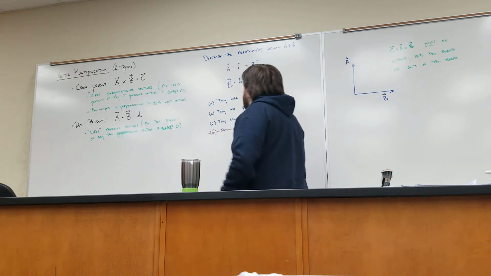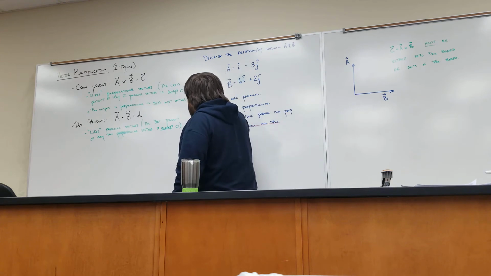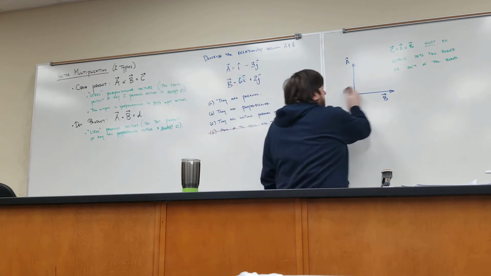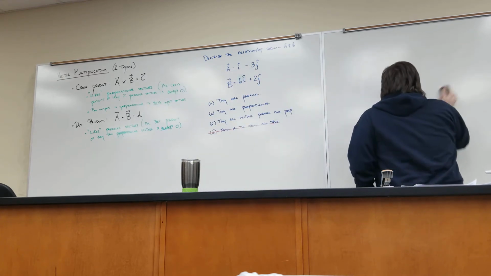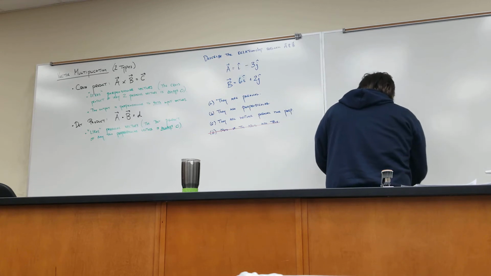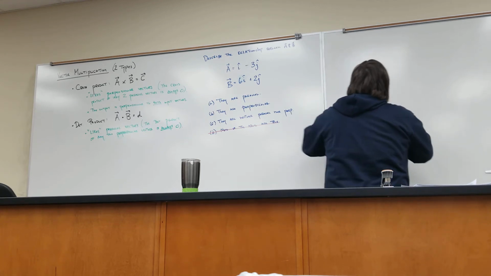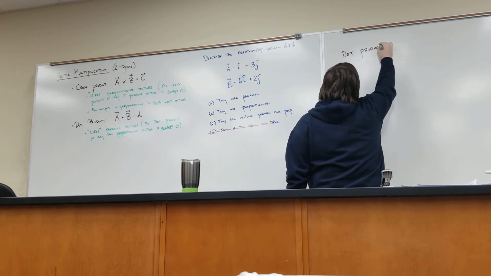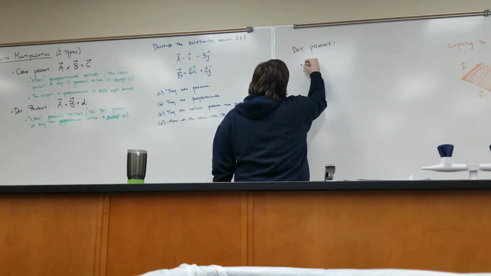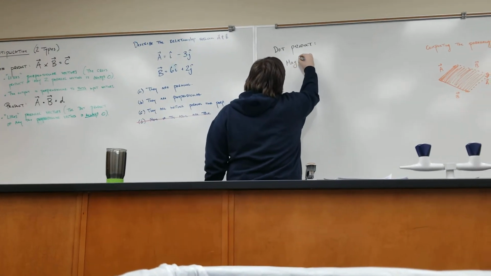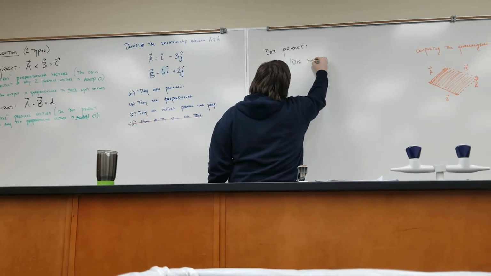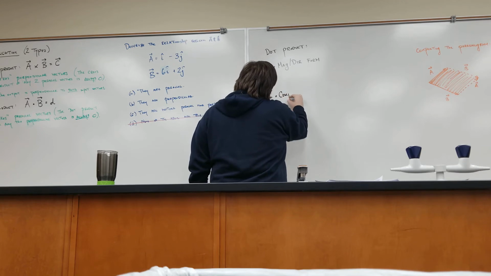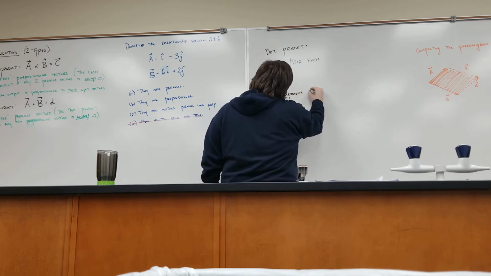There are going to be 2 ways to do these multiplications. For the dot product, we can use magnitude and direction form, or we could use component form.